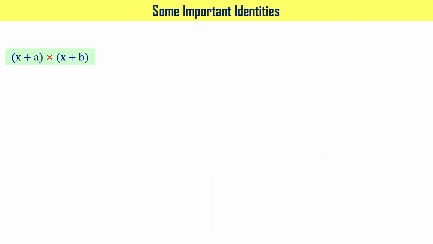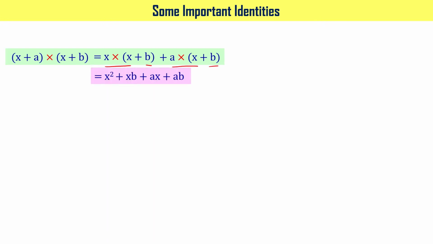Now let's learn about another identity. (x plus a) times (x plus b) is what? I can write it as x times (x plus b) plus a times (x plus b), right? x times x is x square, x times b is bx, a times x is ax, a times b is ab. Let's multiply that way. Now as you see here, I can write it as x square plus ax plus bx plus ab, right?